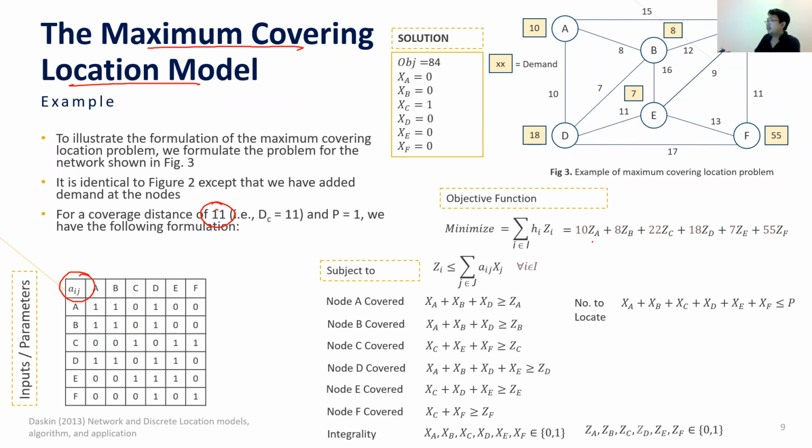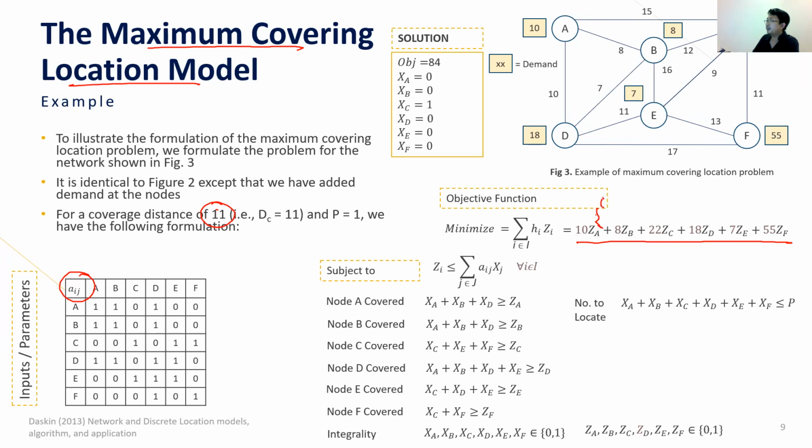Then we need to break down all the constraints. Now we have here, because we want to maximize the demand being covered in each facility, we will need to multiply 10, because the demand in A is 10, multiplied by ZA plus 8 multiplied by ZB. Z represents whether demand node A is being covered or not.